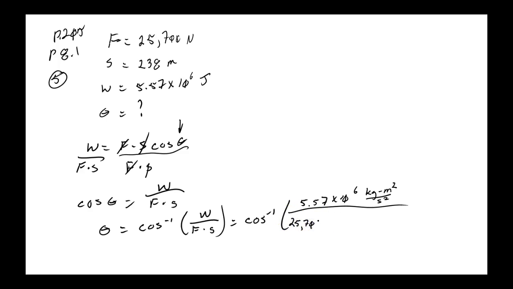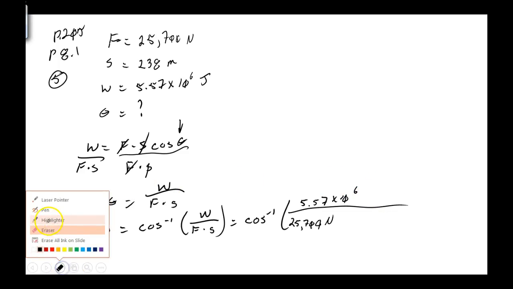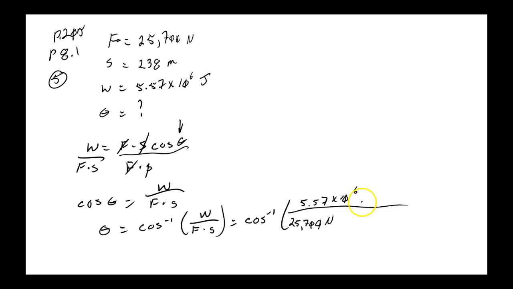25,700, and actually, let me go back and make this a lot easier, because I was thinking we're going to have to cancel. Let's just call this a Newton meter up here. A joule is a Newton meter. Okay, makes it much easier.